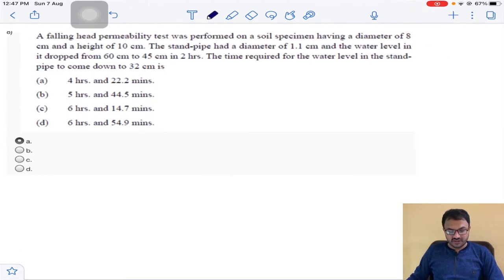So coming to question number 8, it is a question related to permeability. There are 2 types of test: constant head permeability and falling head permeability. This question is related to falling head permeability.